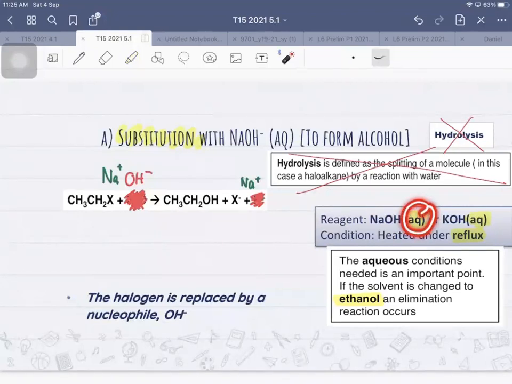So the solvent is very important. If you just write down sodium hydroxide on its own, you will be penalized.